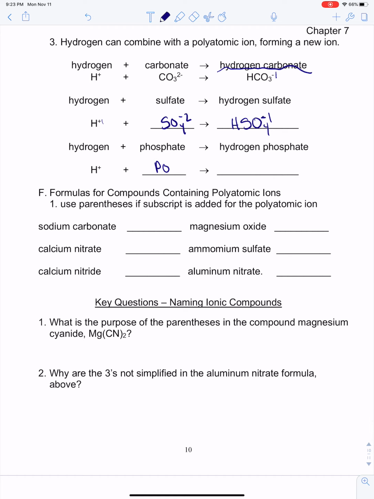Phosphate is PO4 minus 3. If we combined hydrogen with phosphate, we would have a new formula. This would be hydrogen phosphate, HPO4. Now, this is plus 1. Phosphate is minus 3, so that adds up to be a minus 2 charge.